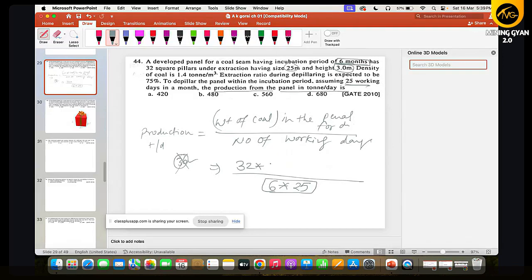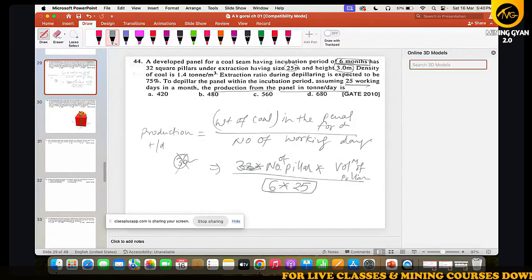And the volume of the pillar. So the number of pillars multiplied by the volume of one pillar.